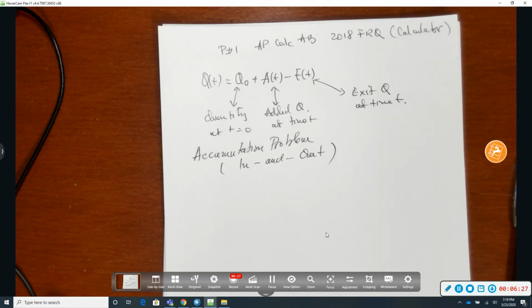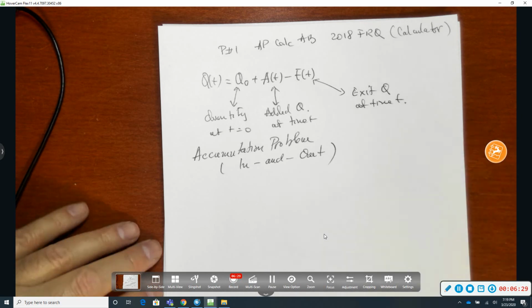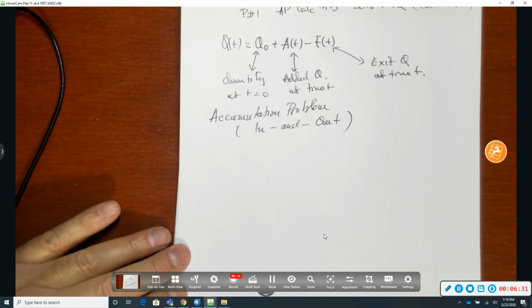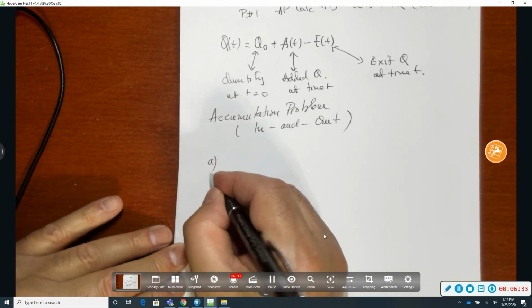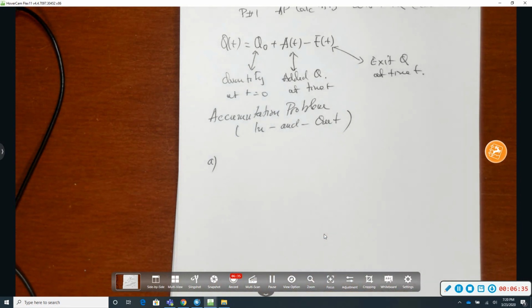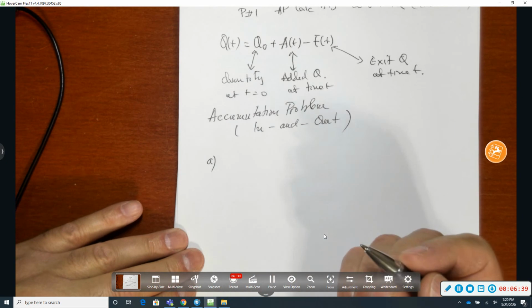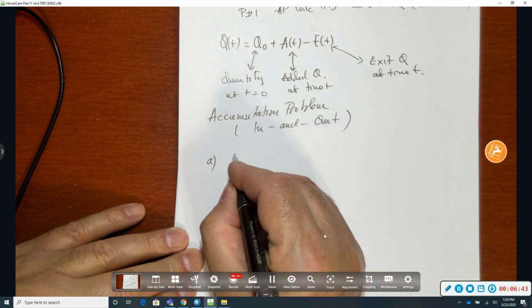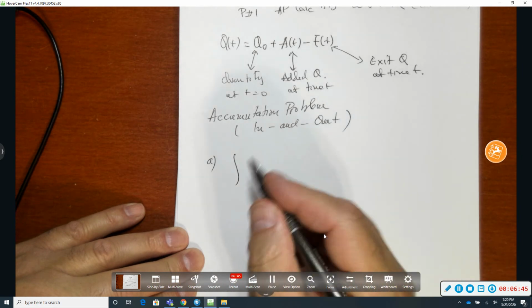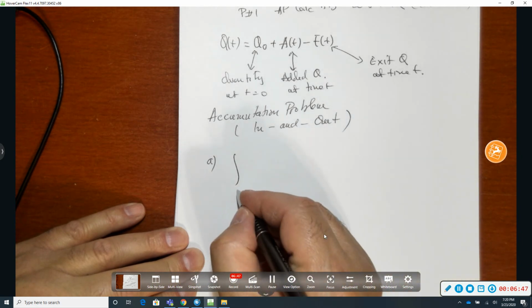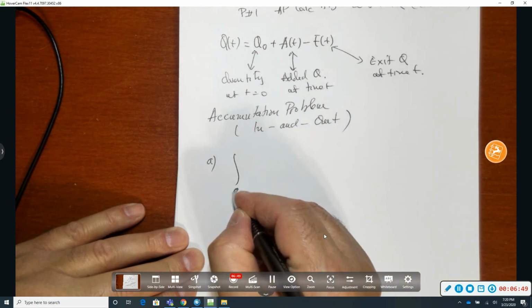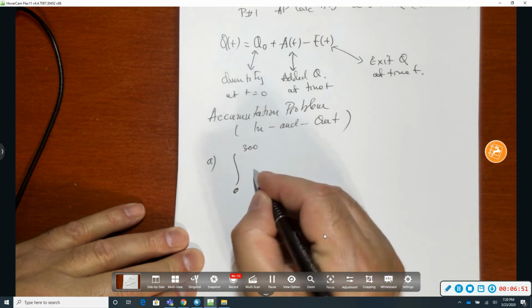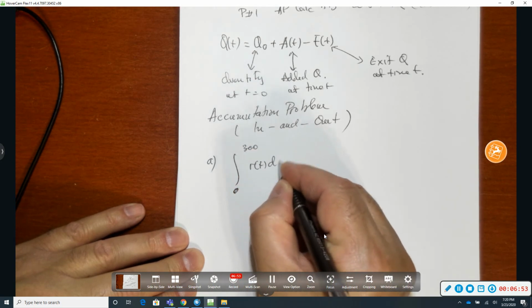Okay, so here we are. This is the problem. And let me try to solve point A. So point A, I need to figure out how many people enter the line in the first 300 seconds. Since I have the rate at which the people are entering, R of t, it means that the number of people getting in line will be the integral from 0 to 300 of R of t dt.